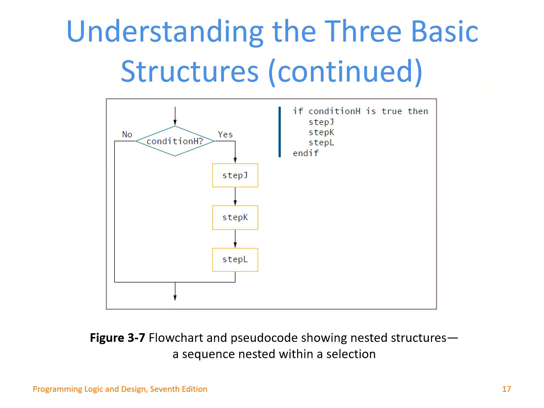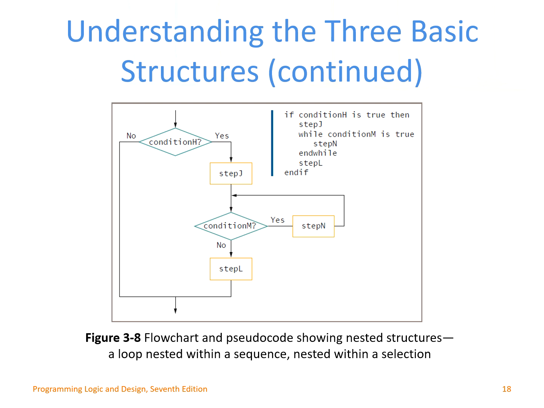Here in the condition, if the condition is true, then it will proceed with yes, steps J, K, and L, because it satisfied the condition for the nested structure as a sequence.